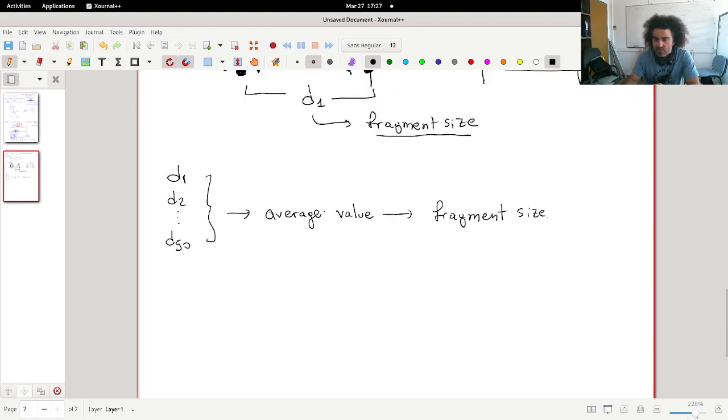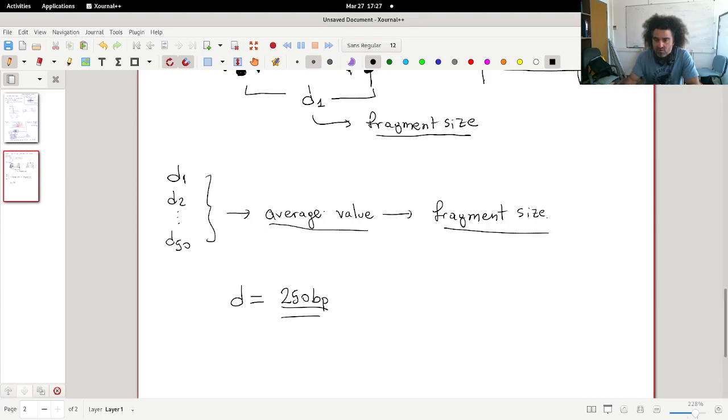So in any case, we have the fragment size, and let's say that this is the average value of all these fragment sizes from all the interesting regions, and let's say that this D equals 250 base pairs.